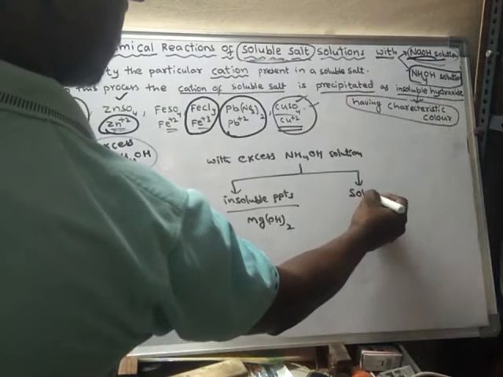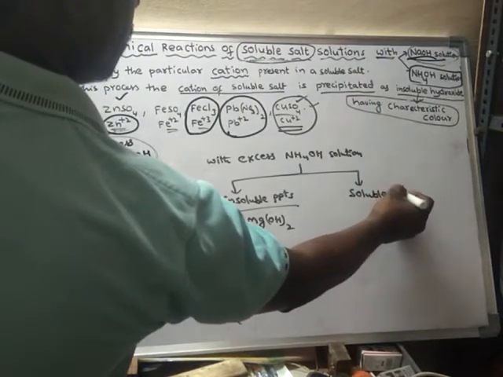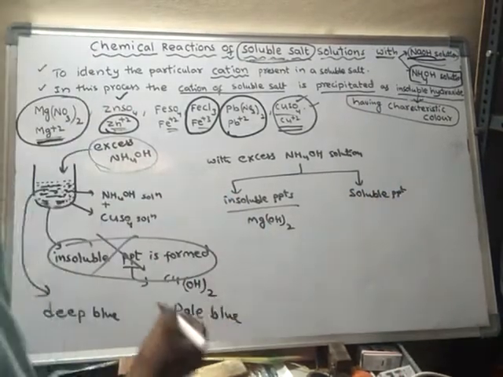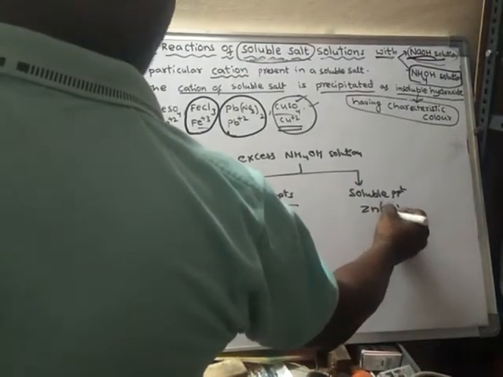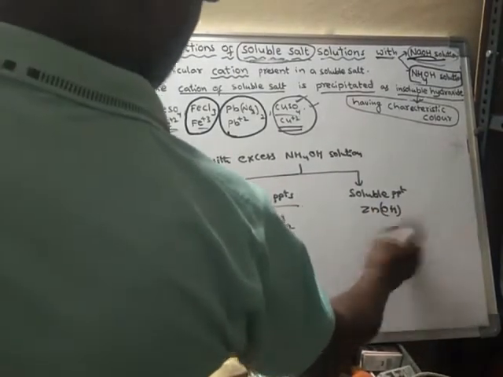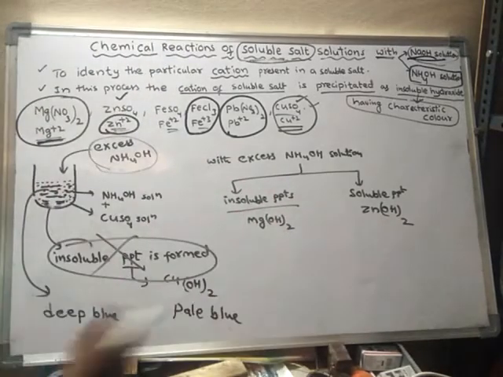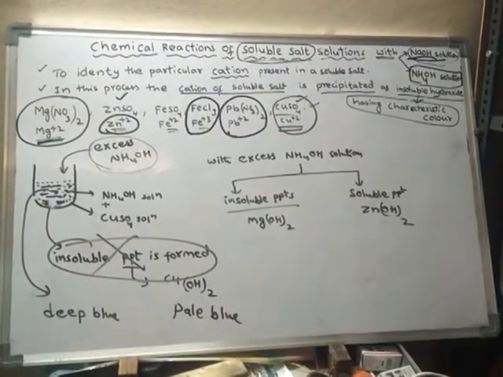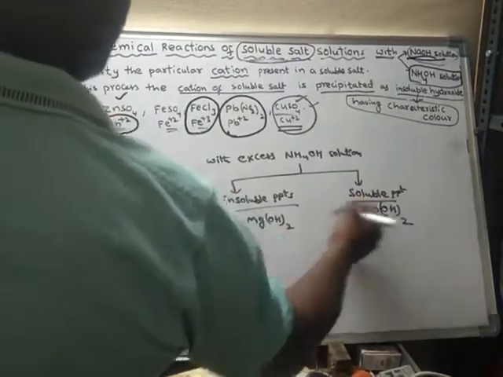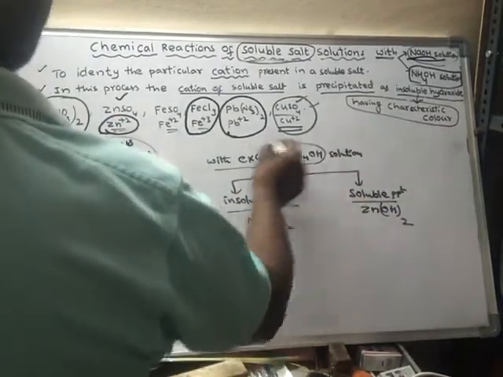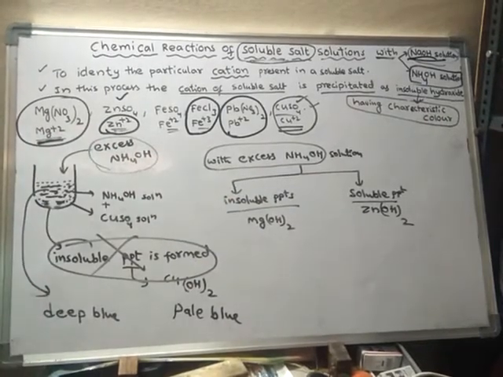Zinc hydroxide is a white gelatinous precipitate, insoluble at first, but it is soluble in excess ammonium hydroxide solution.